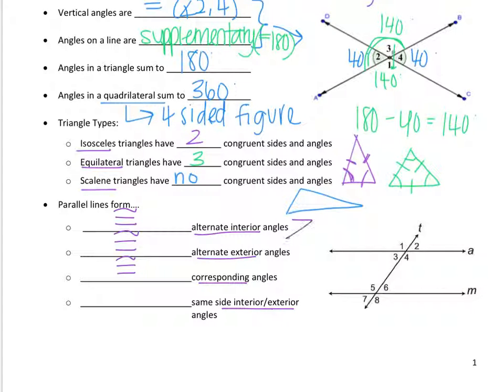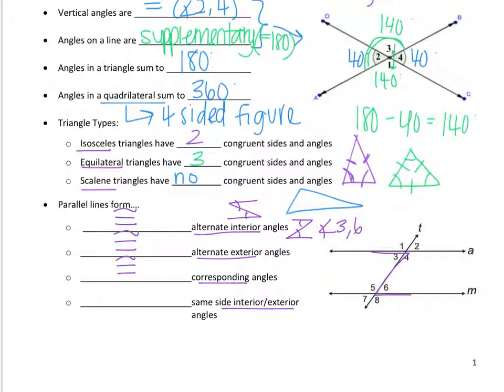Now, alternate interior angles are always formed out of the letter Z. It could be a forward Z or it could be a backward Z, but that's just a trick to help you find them. So this would be something like angle 3 and 6.